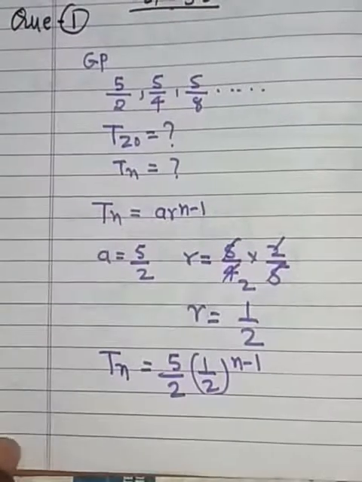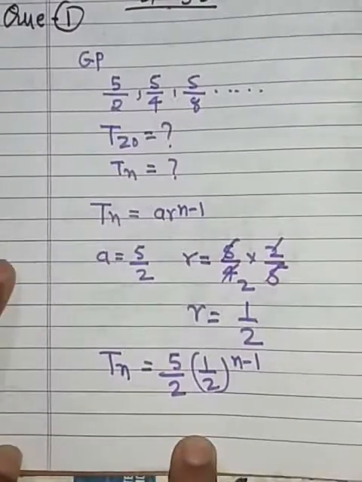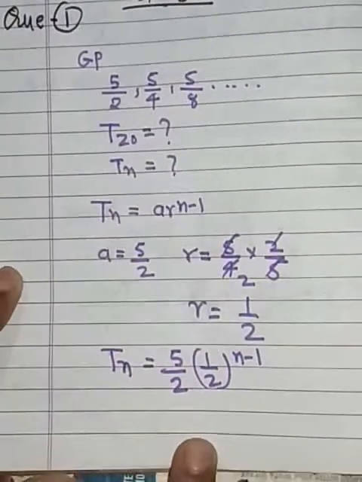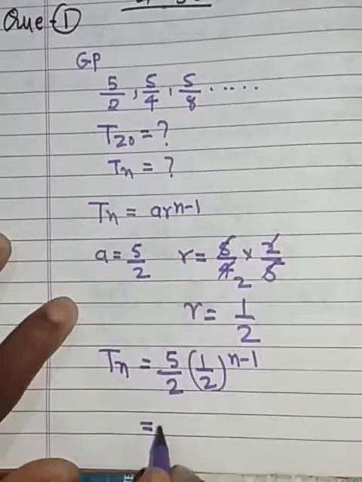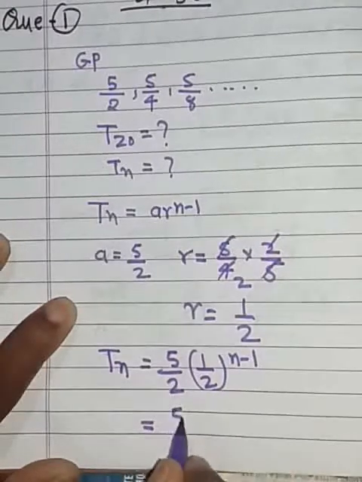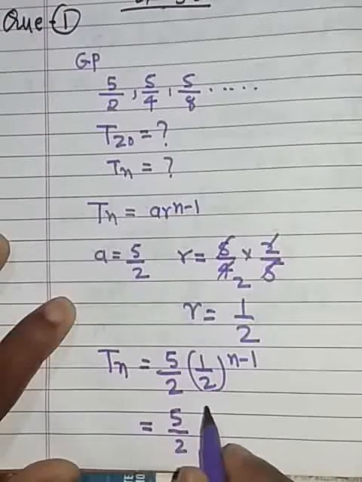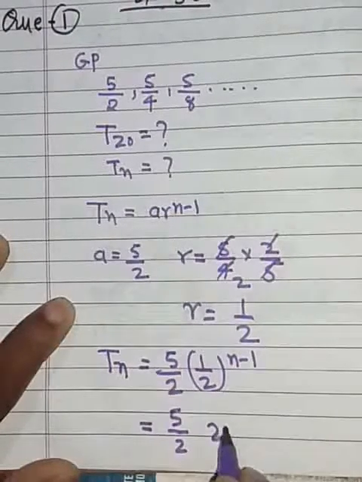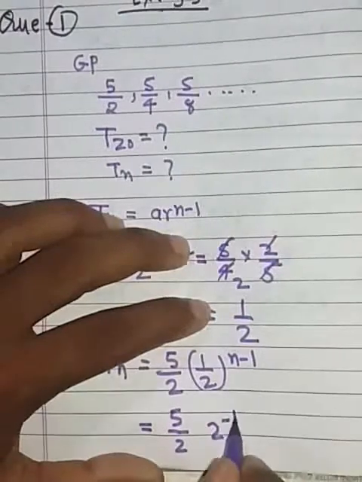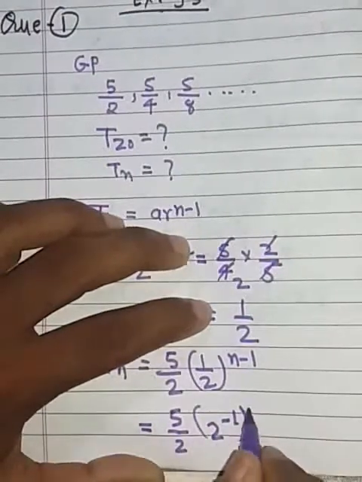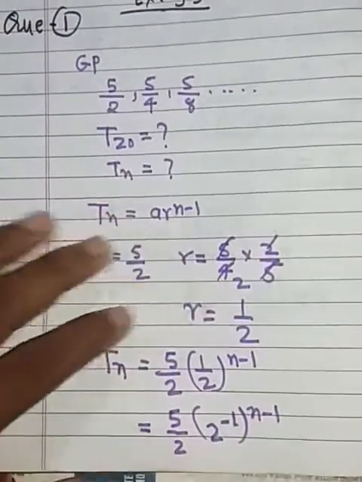We will simplify this more. Then we can write 5 upon 2, and this will be 2 to the power minus 1, to the power n minus 1.